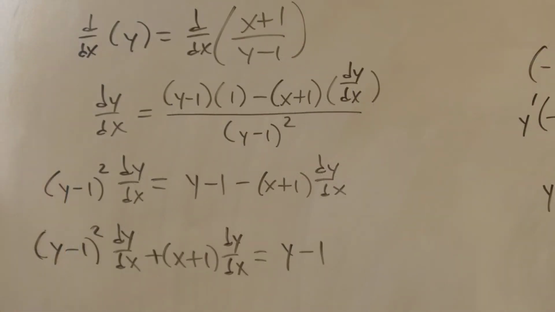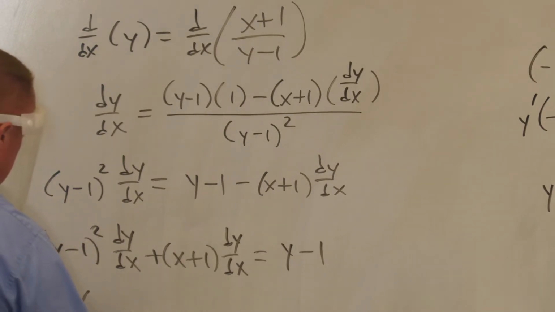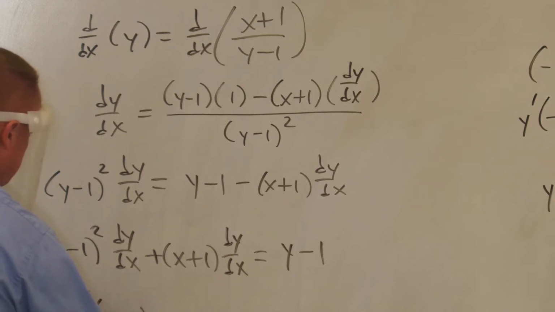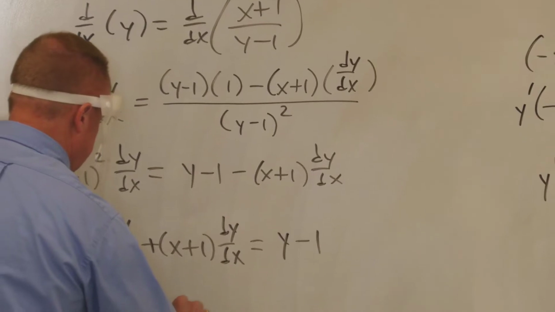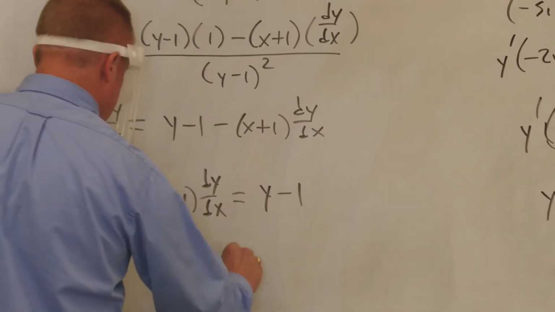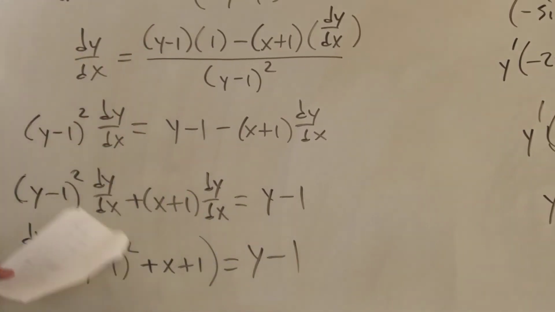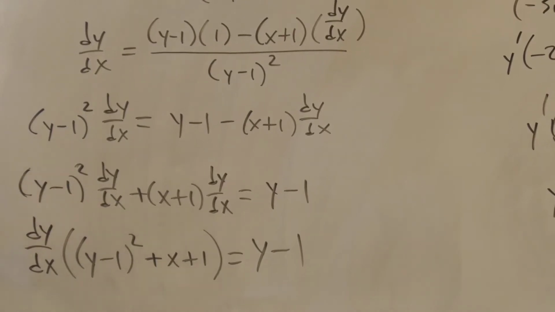Now, I would factor out the dy/dx. That would leave me with (y minus 1) squared plus x plus 1.